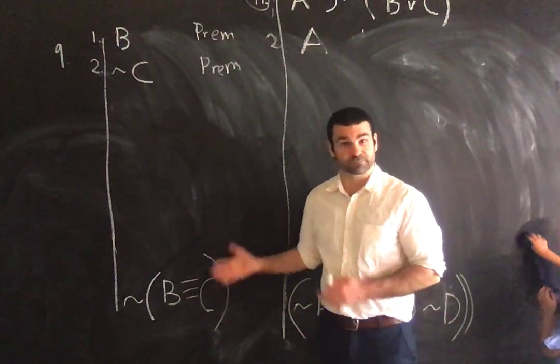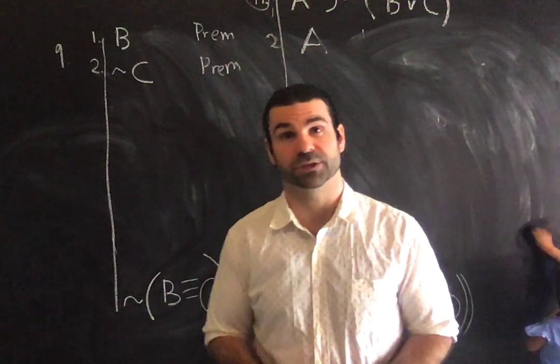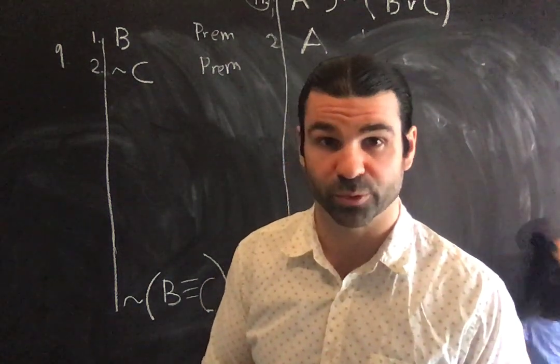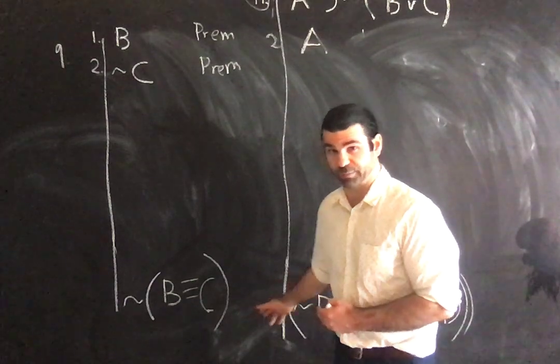What is the form of this thing? It is a negation, okay? Negations are legitimate conclusions of indirect proofs. And if you didn't use indirect proof here, this would be very complicated, right?